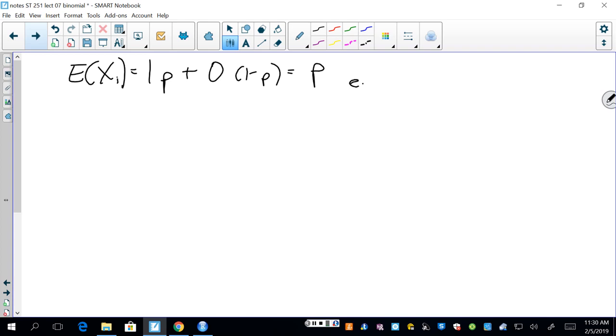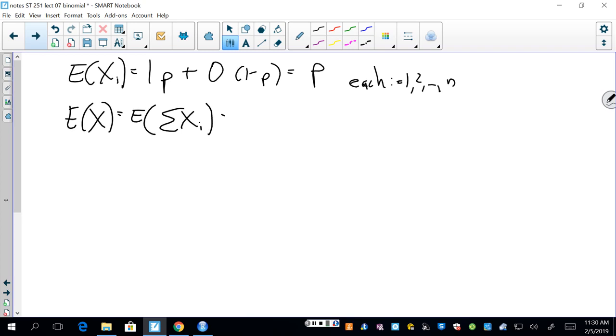This is for each i. So the expectation of the binomial is the expectation of the sum of these xi's, i going from 1 to n. The expectation of the sum is the same as the sum of the expectations. Expectation is a linear operator. It works out that way.